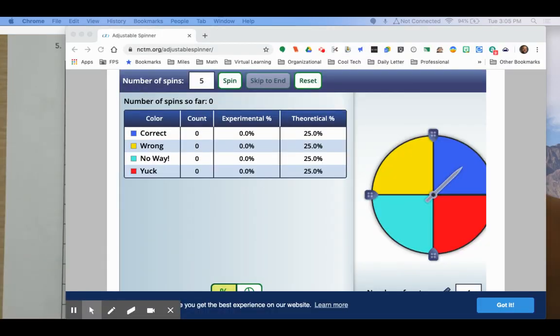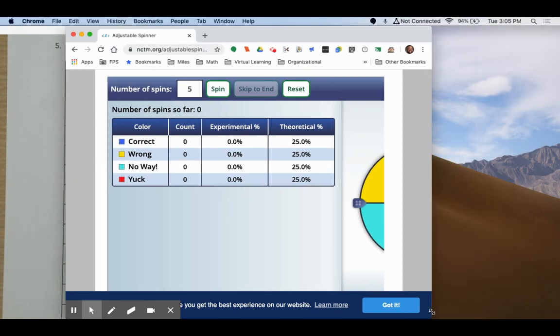So for this experiment, for this simulation, we have a spinner app that's set up, and there are 4 choices here. One of them's correct. The other ones are wrong. I'm going to spin it 5 times at a time, so it's a 5-question test, and we're going to use this to do a whole bunch of trials.